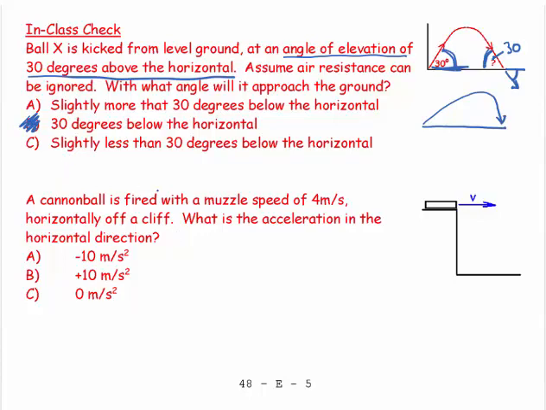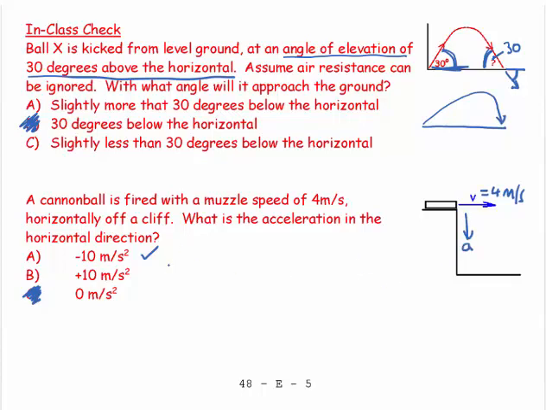Next one. A cannonball is fired with a muzzle speed of 4 meters per second horizontally off a cliff. What is its acceleration in the horizontal direction? And the answer is 0 meters per second squared. It's not minus 10 because that acceleration is in the vertical axis.